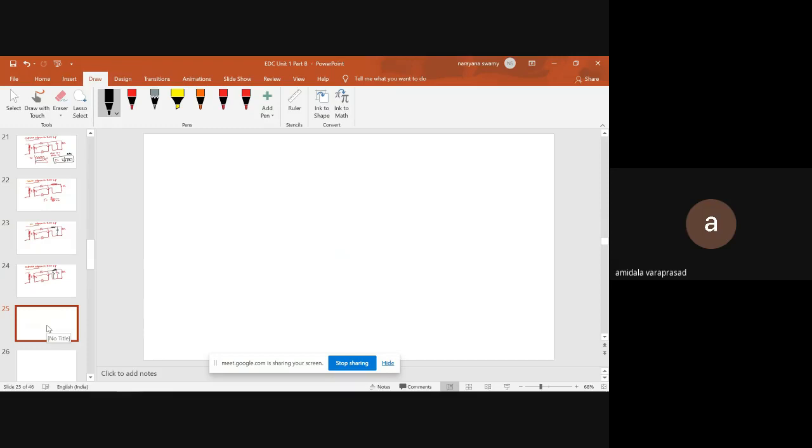First, clipper circuits are divided in two types: positive clipper.